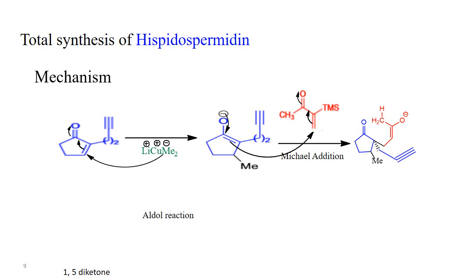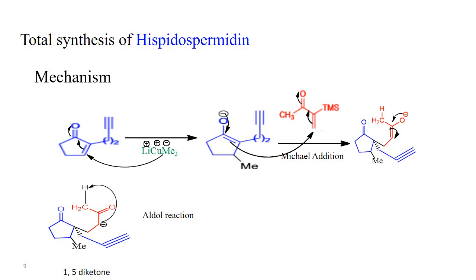See, I describe here the important concept about the organometallic compound. See over here, the organocuprate is reacting with the 2-substituted cyclopentanone. Organocuprate compounds are less reactive than organomagnesium as well as organolithium compounds.